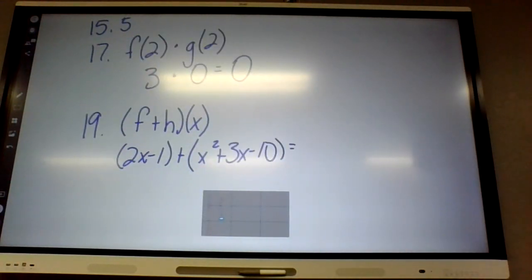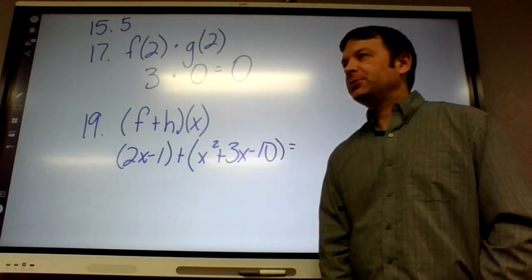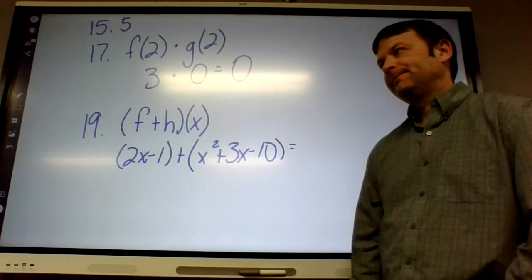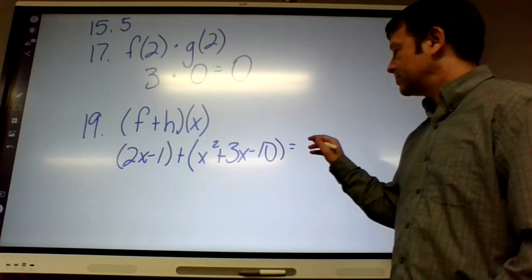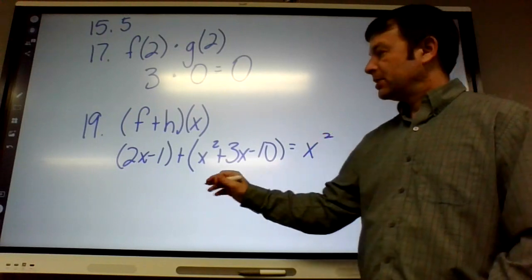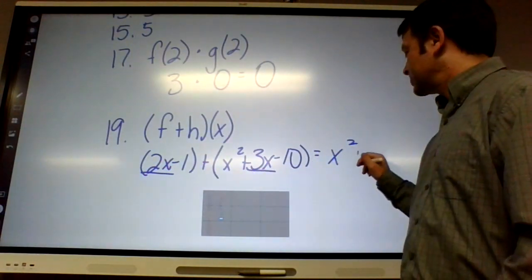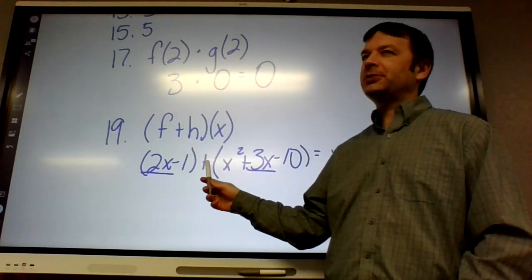All right, so we're going to add those two together. What are the rules when you're adding or subtracting? Like terms. Are there any like terms with x squared? No. How about the 2x? 2x plus 3x. Do the parentheses matter when you have a plus?